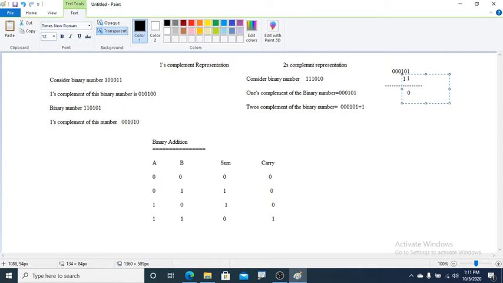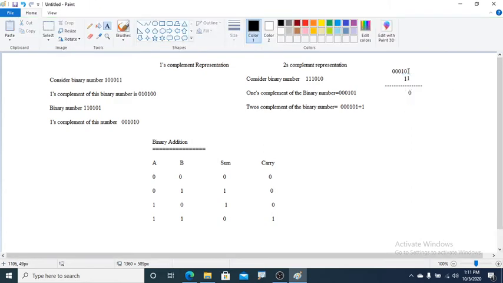So now again 0 plus 1, again 0 plus 1, that means 0 plus 1 is 1 now.